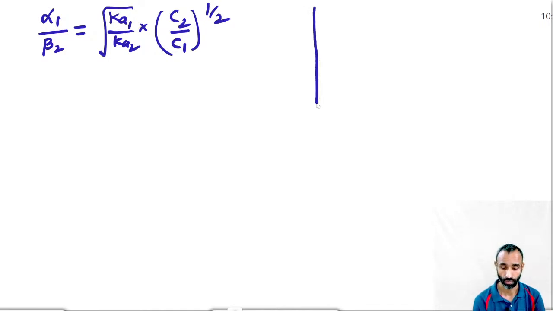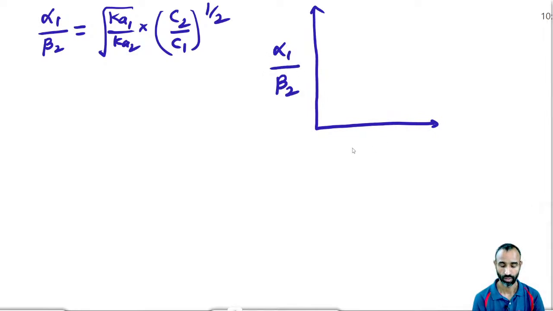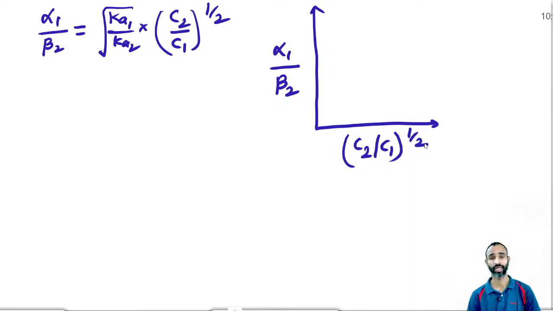So if we plot a graph between alpha 1 by beta 2 versus C2 by C1 raised to power 1 by 2, what is the nature of the graph? Is it a straight line or independent?